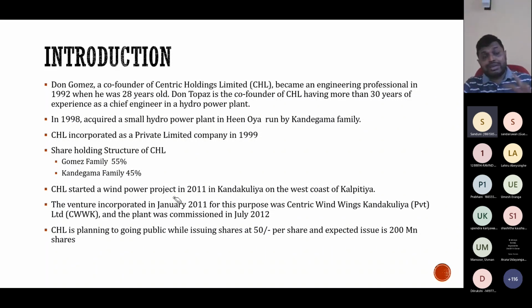There is an option, though, that they can go into it and make an investment. Now CHL is planning to go public, issuing shares at 50 rupees per share, and the expected issue is 200 million shares. That means the total investment will be 1 billion. Total market capitalization will be 1 billion, going public by issuing shares at 50 for 1 billion investment.